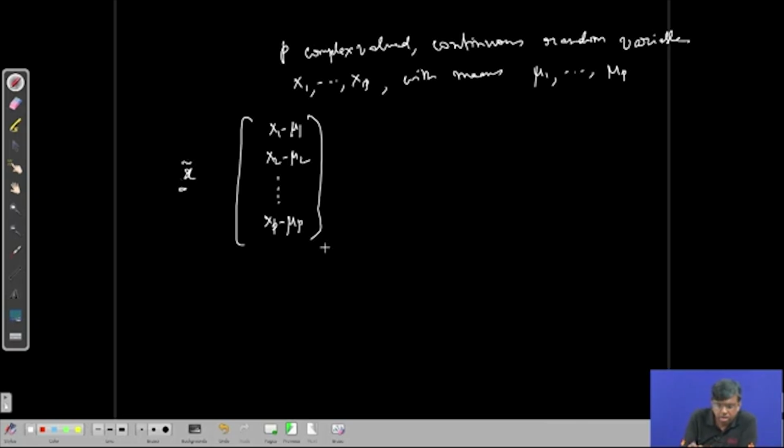All right. And that is equal to this. So they are also random because mu1 is constant. This is an increment, it can go in the up direction or below direction. But this is random because x1 is random. So these are random increments or decrements.